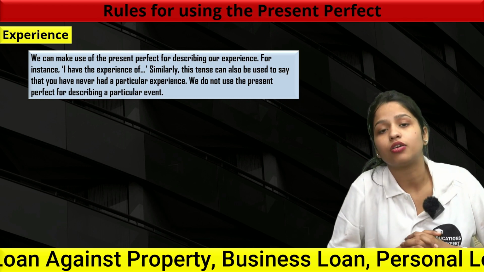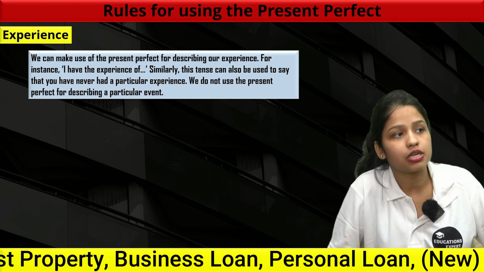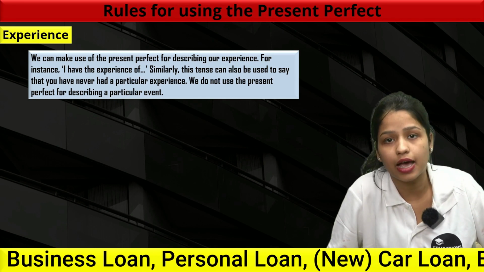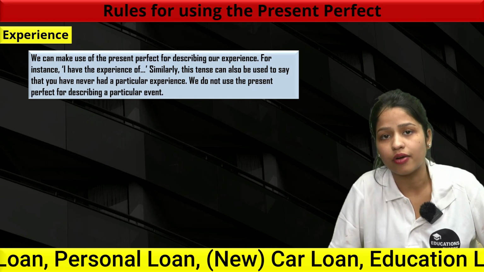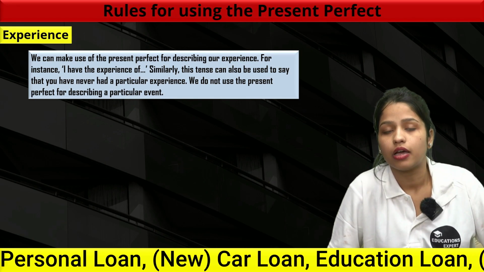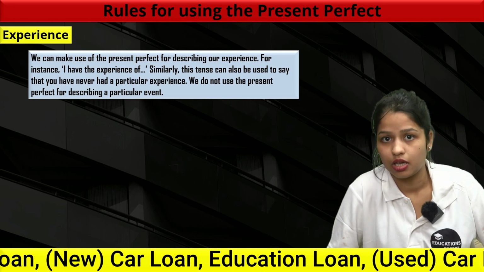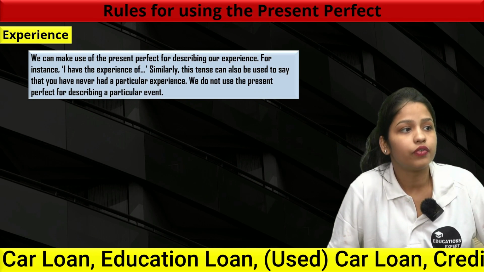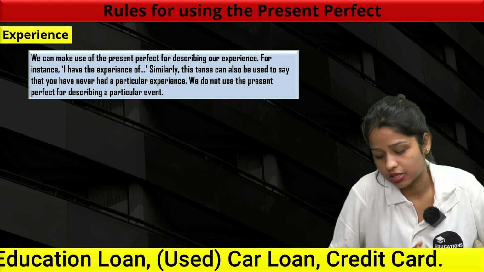When you're telling about experience, you can use present perfect tense. Similarly, this tense can also be used to say that you have never had a particular experience. Obviously, it doesn't matter whether you have a particular experience or you don't, right? But if you're talking about any experience, whether you have it or not, then you can use present perfect tense. We do not use present perfect tense for describing a particular event, right?